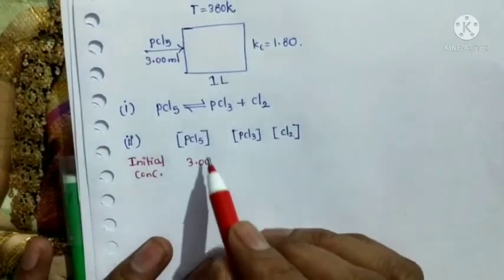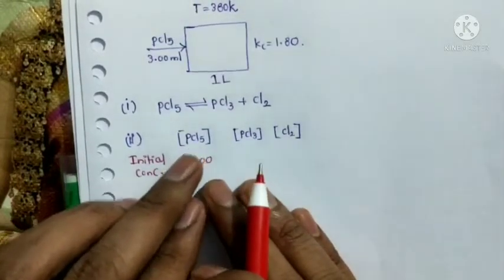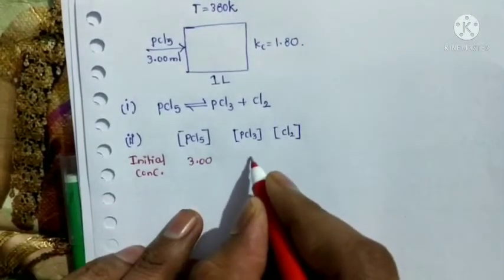At the initial stage, how much product is there?